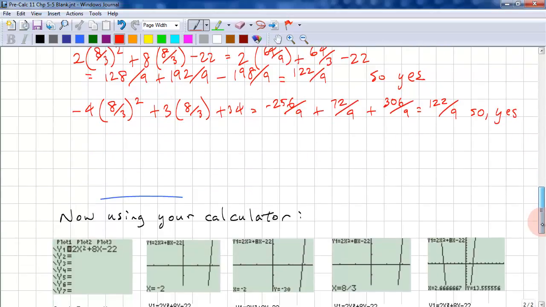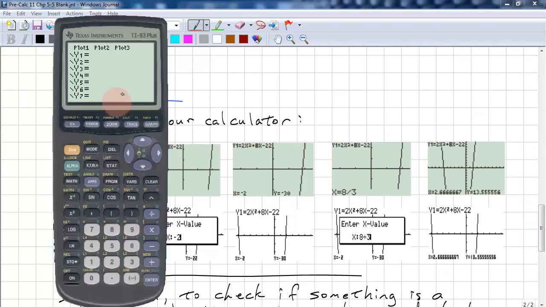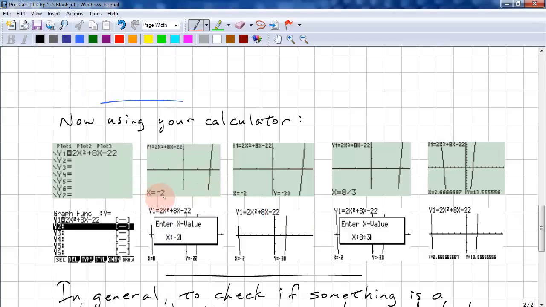So let's try using our calculator. We enter our first function, 2x squared plus 8x minus 22, and we graph. Then we hit trace. We enter negative 2 and we get negative 30.